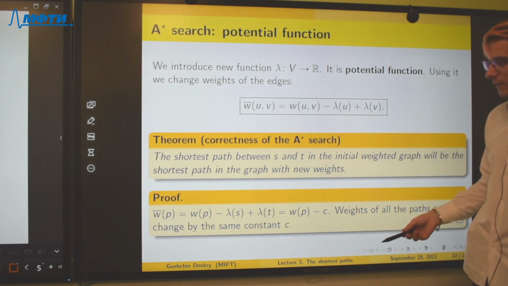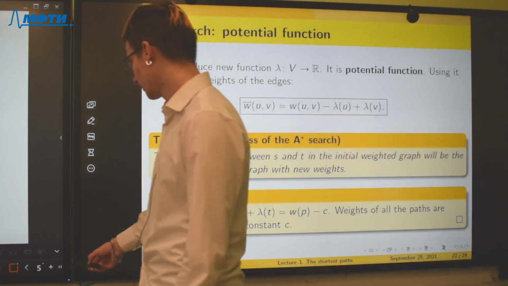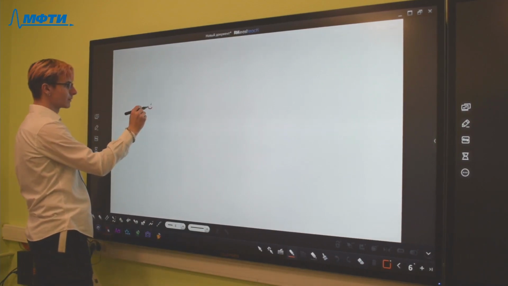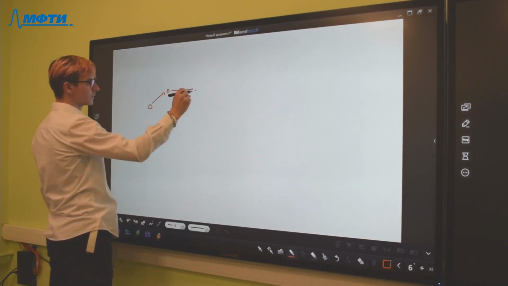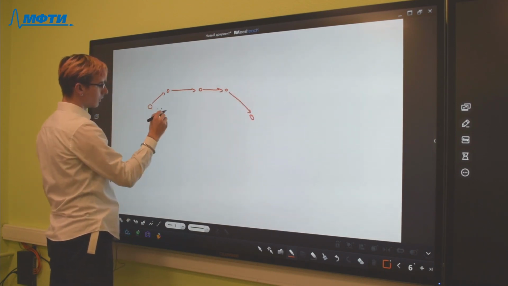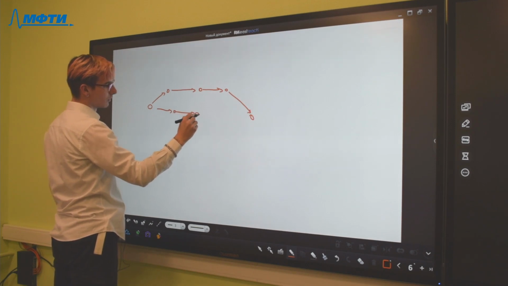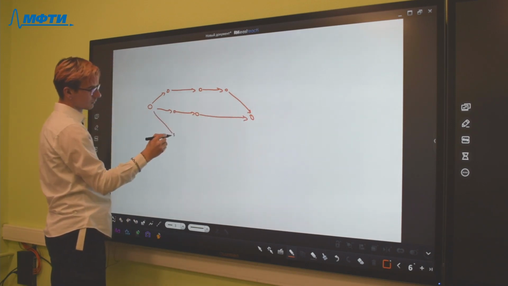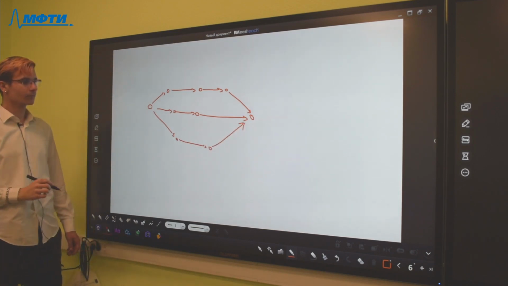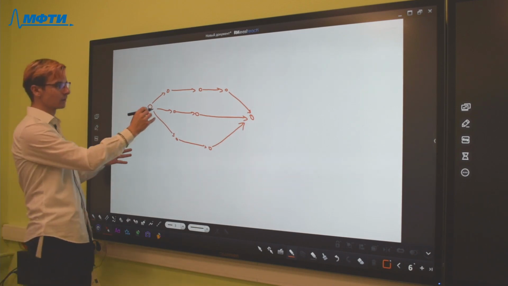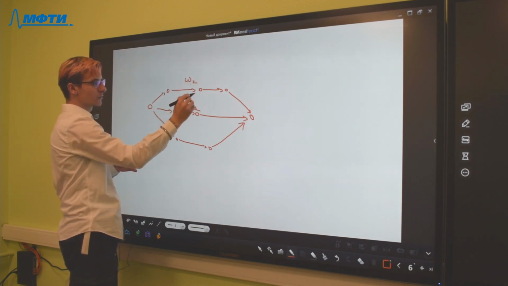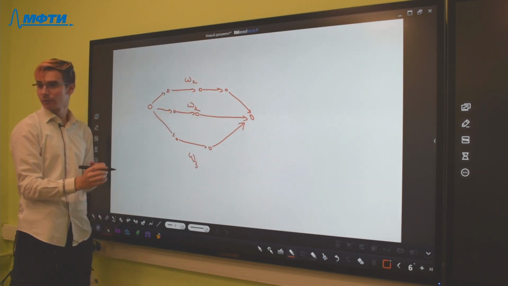Why do we get something interesting? I can draw an example on the board. I set the weight of this path equal to weight 1, weight 2, weight 3.